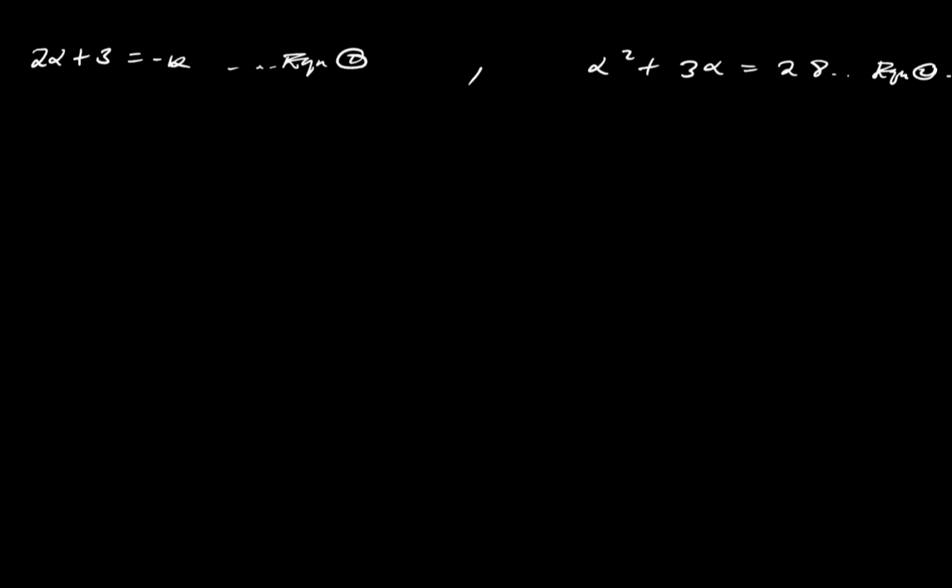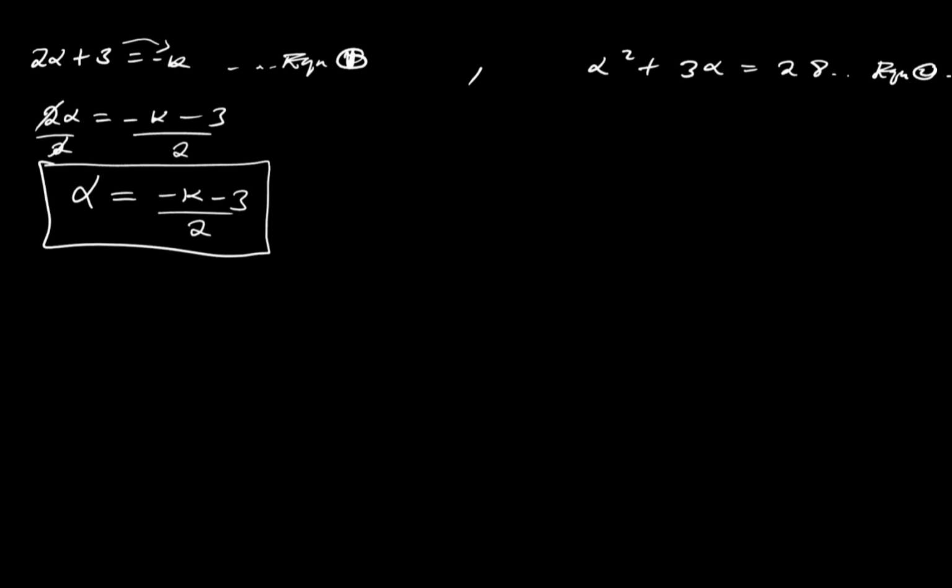We can make alpha the subject of formula in equation number 1. So it's going to be 2 alpha is equal to minus k minus 3, then over 2. Then you have alpha being equal to minus k minus 3 over 2. Now you substitute the alpha in equation number 2.